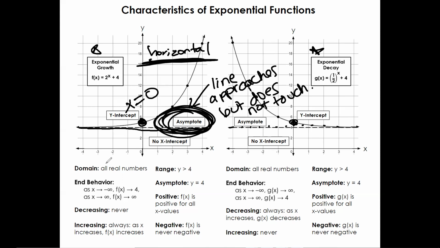Okay, now domain for all exponential functions is all real numbers. On your paper, I would write domain, all real numbers. And again, you're just putting this underneath that box of what we're going to learn today.